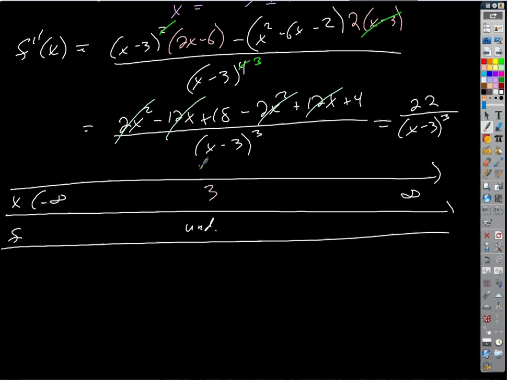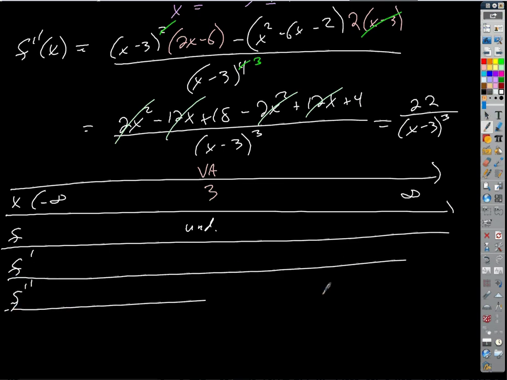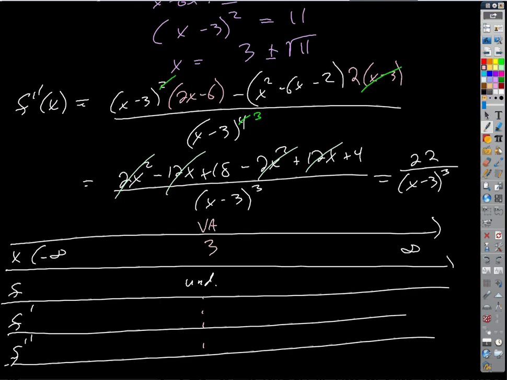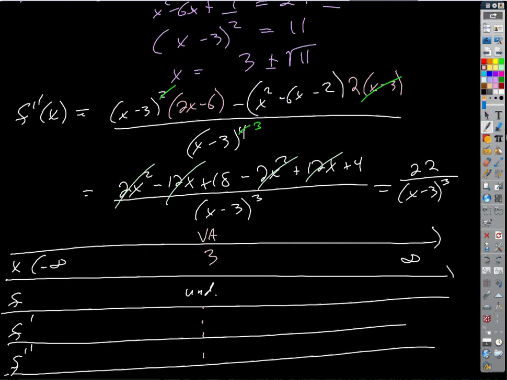So we know this is a vertical asymptote. Okay, we had critical numbers at 3 plus or minus the square root of 11, so that's going to be like 6 point, what, like 2 or 3 or something, right?